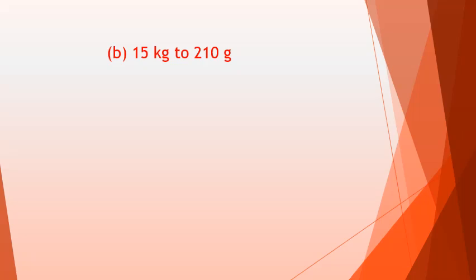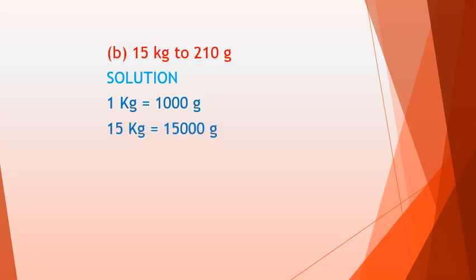Then what is the first step? Yes, first we have to convert both quantities into the same unit. Here we are converting kilogram into gram. As you know that 1 kilogram equals 1000 gram, therefore 15 kg equals 15,000 gram.